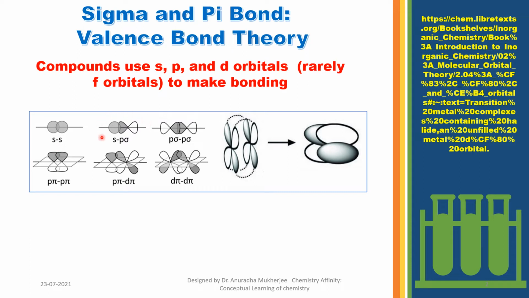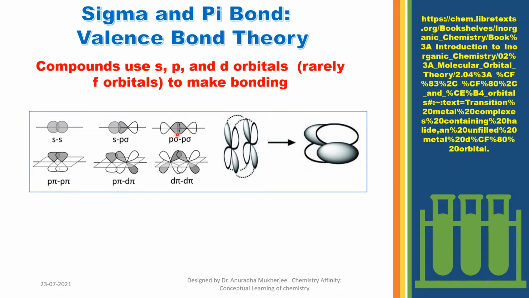Now in the second case you can see this is again a sigma bond, due to the face-to-face overlapping of an s and a p orbital. The third one is also forming a sigma bond due to overlapping of two p orbitals. So it's like a 2px orbital.